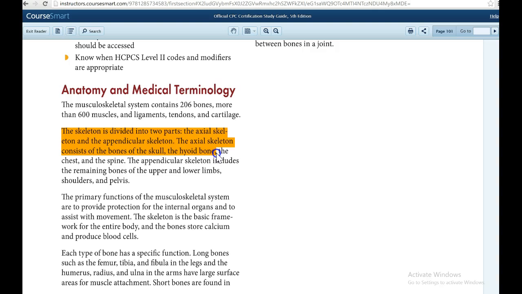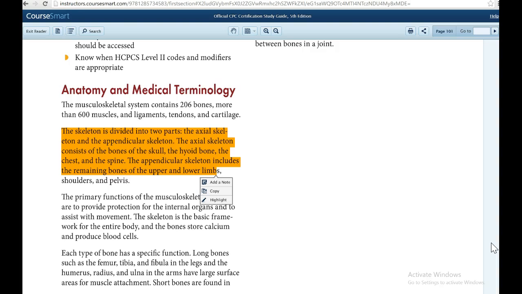The axial skeleton consists of bones of the skull, the hyoid bone, the chest bone, and the spine. And the appendicular skeleton includes the remaining bones of the upper and lower limbs, the shoulders, and the pelvis. Now, the primary function of the musculoskeletal system is to protect the organs in the body as well as movement in the body.